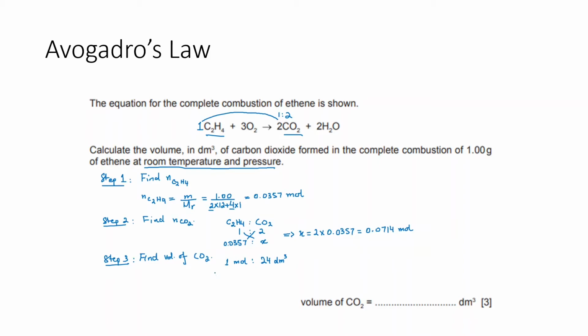So if I have 0.0714 moles, that's going to occupy x cubic decimeters. Once again, I will cross multiply, and that results in x equals 0.0714 times 24, which gives me 1.71 cubic decimeters. So this, ladies and gentlemen, is the answer to the question in 3 easy steps. It's going to be 1.71 cubic decimeters.